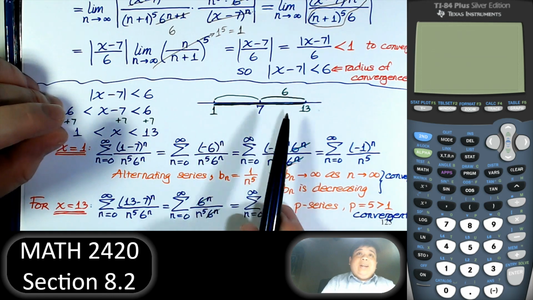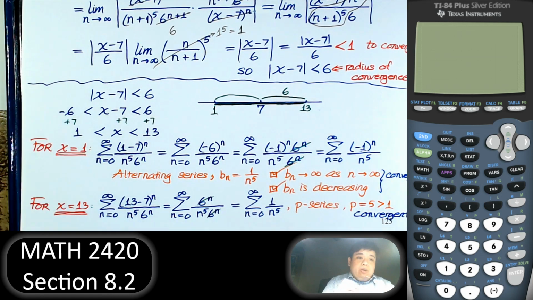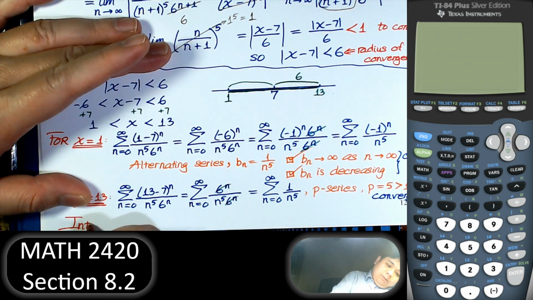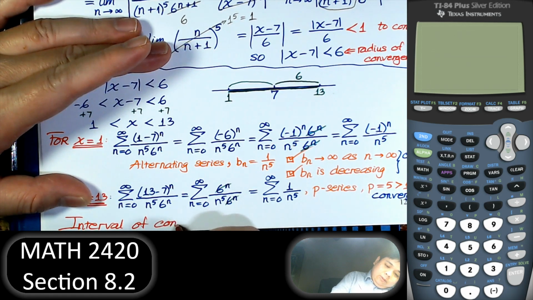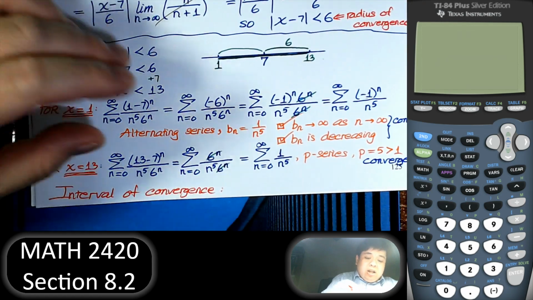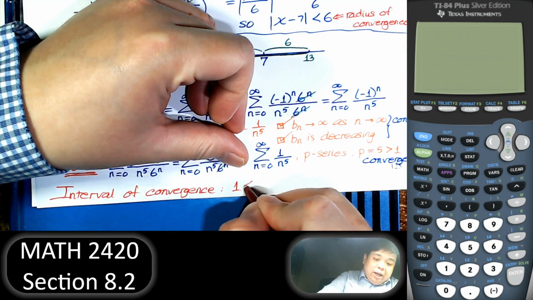We know between 1 and 13 is convergent. So the interval of convergence not only is between 1 and 13, it includes the 1 and the 13 as well.